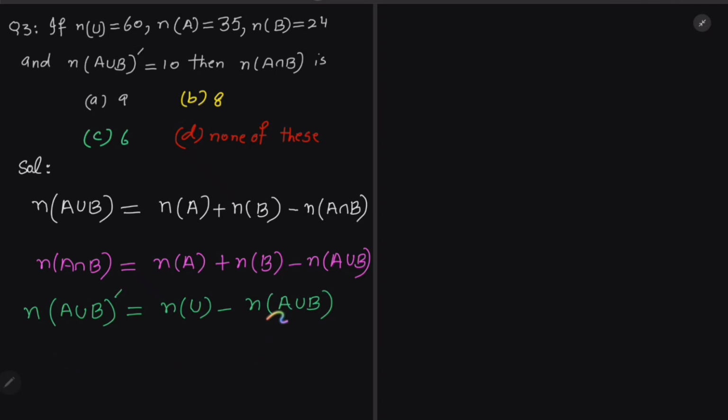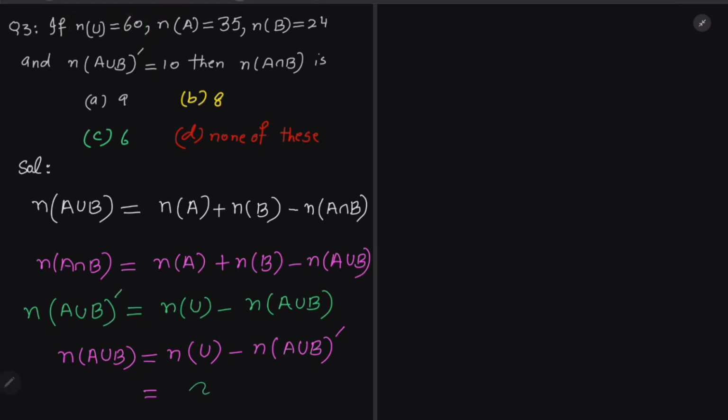But we need n(A union B), so we take n(A union B) on the left hand side: the number of elements in the universal set minus n((A union B) prime). We already know the number of elements in U, which is equal to 60.